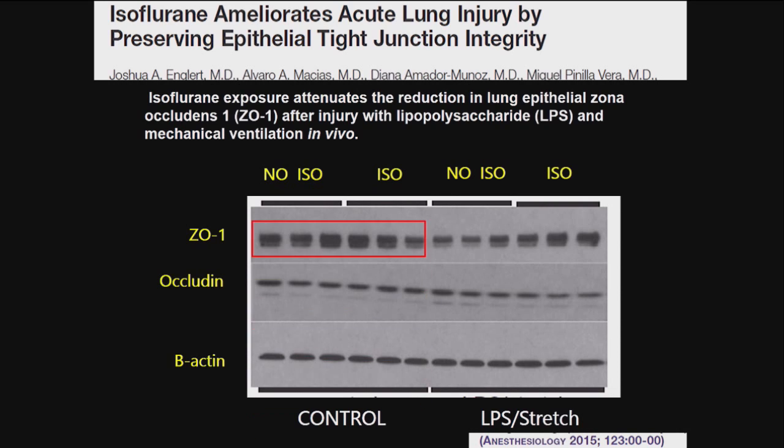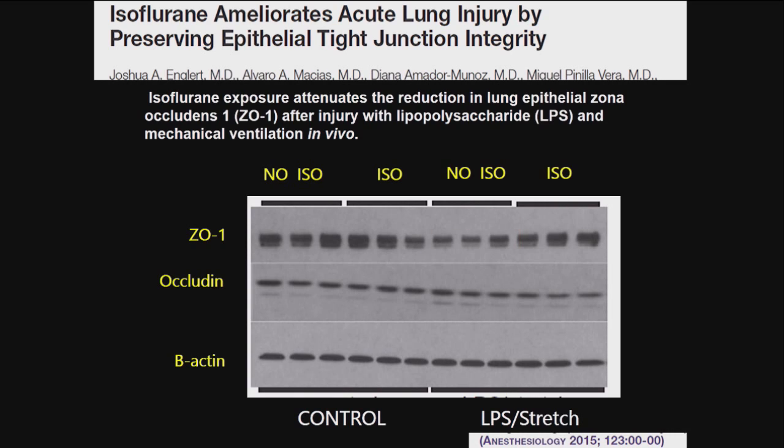So if you look here, this is control. We don't create any damage. With no isoflurane, with isoflurane, it does not make a difference. But if I now create damage in these cells by infection, lipopolysaccharide, and stretch that I showed you, look at the amount of this occludin zone 1. It went down, not like before.